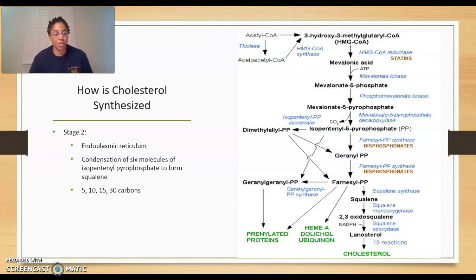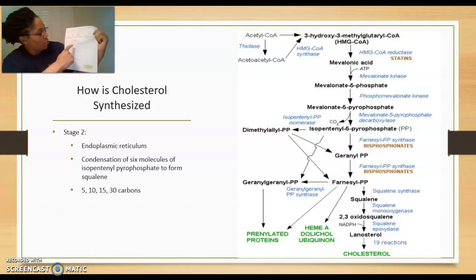I wasn't able to pull up the photos from the book, but I can kind of show you right here. As I stated, the dimethylallyl pyrophosphate pairs with the isopentenyl pyrophosphate, which creates the geranyl pyrophosphate. So that's a 10 carbon structure.